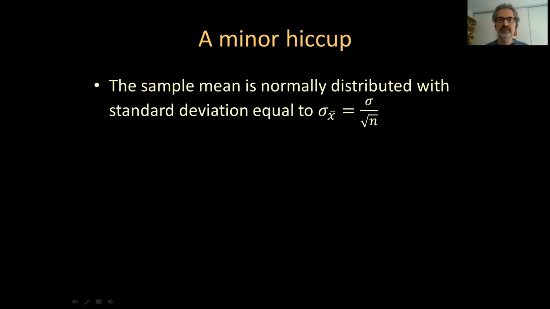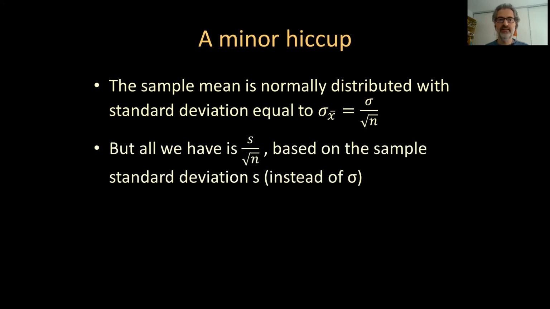But we only have one sample. We only have the sample standard deviation, which is our estimate for the population, but still it's just an estimate. This means that our estimate of standard error has an extra level of uncertainty because it is based on an estimate which itself may be off the population parameter, the population standard deviation.